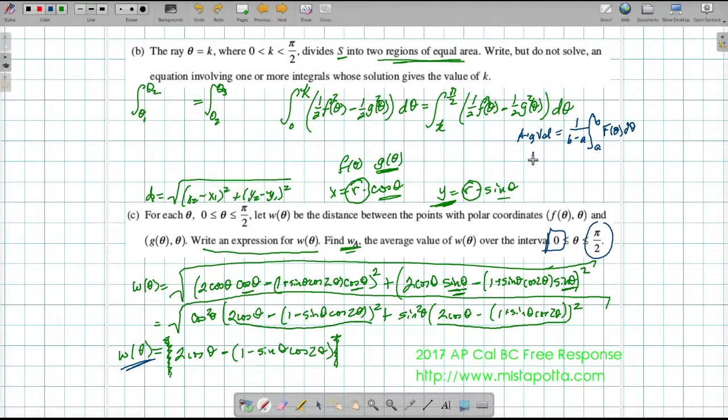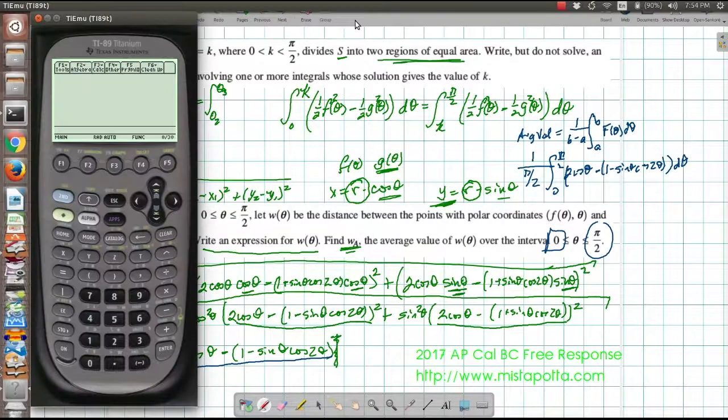So I really have 1 over pi over 2 times the integral from 0 to pi over 2 of this expression, 2 cosine theta minus the expression 1 minus sine theta cosine 2 theta, all of that being integrated with respect to theta.